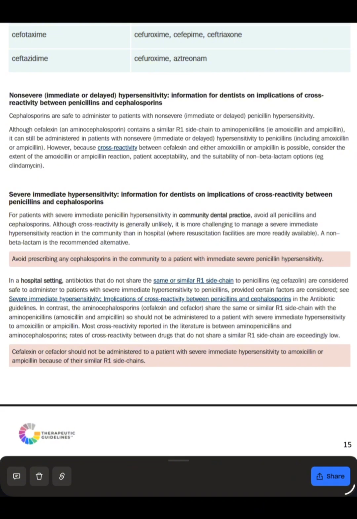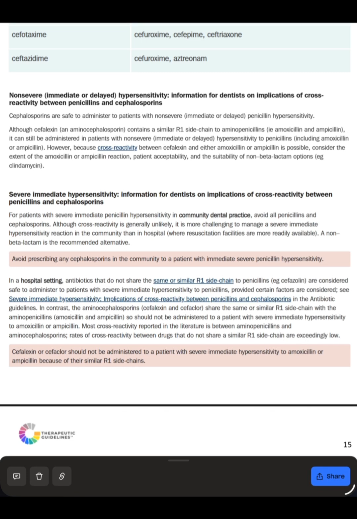Although cross-reactivity is generally unlikely, it is more challenging to manage a severe immediate hypersensitivity reaction in the community than in the hospital, where resuscitation facilities are more readily available. A non-beta-lactam is the recommended alternative. Avoid prescribing any cephalosporin in the community to a patient with immediate severe penicillin hypersensitivity.